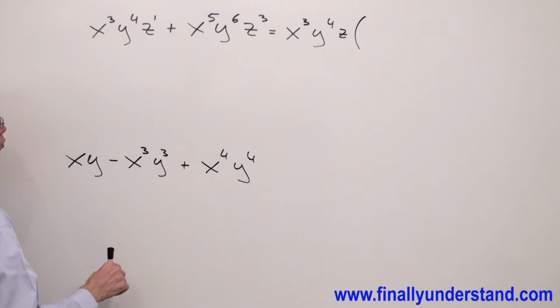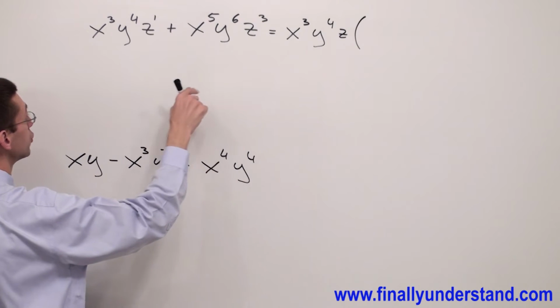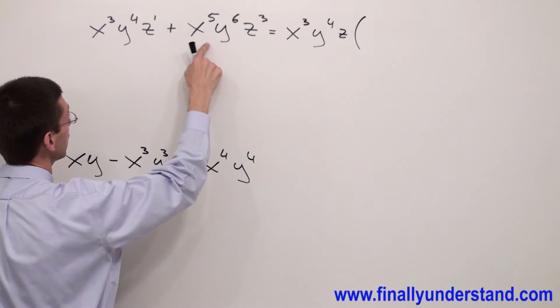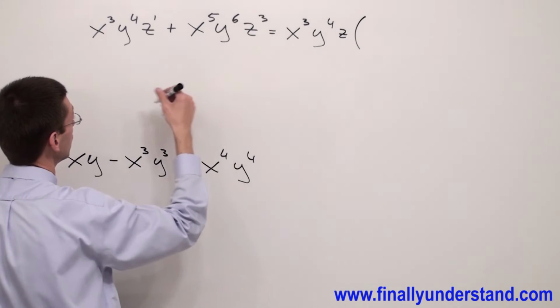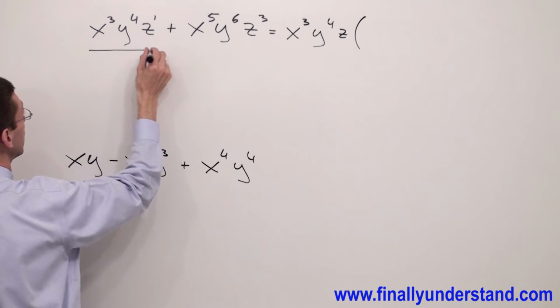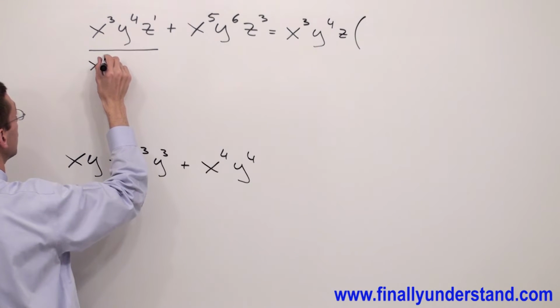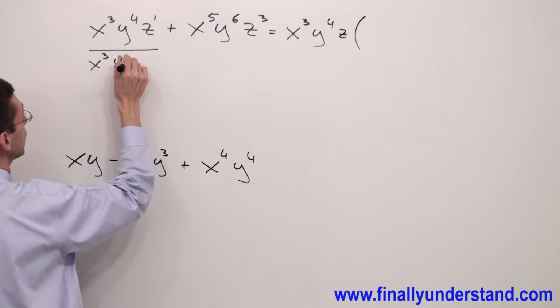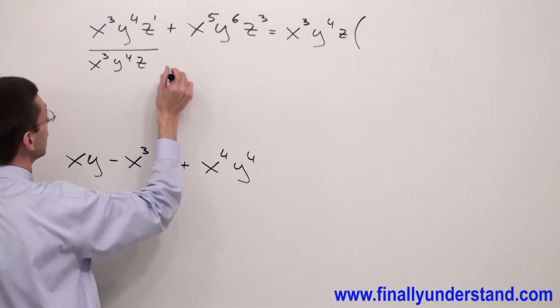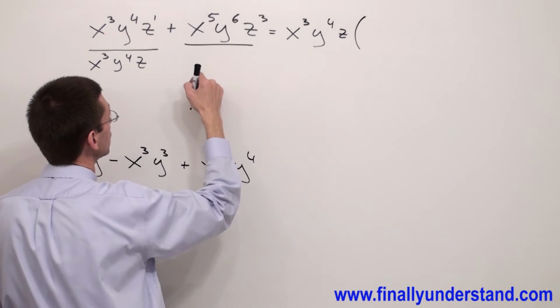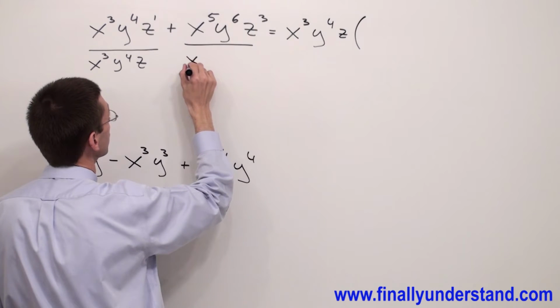In order to find what we're supposed to write inside of the parentheses, you have to divide every single term of your original expression by the common factor. So I have to divide the first term of my original expression by the common factor, and the second term of my original expression by the common factor.